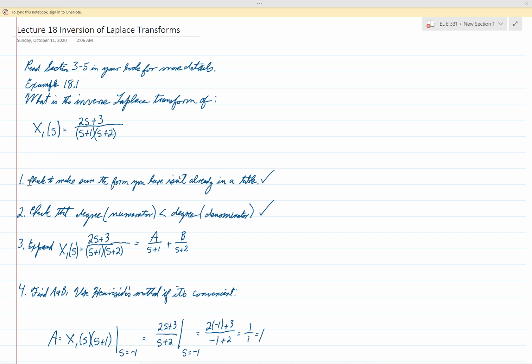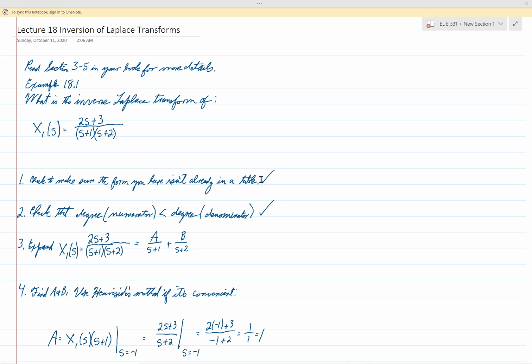So anyway, I say the first step is to check to make sure that the form that you have isn't already in the table. To be honest, I've put that in there even though that will seldom be the case, that you're going to have a Laplace transform that you want to invert and it's already in exactly the right form.